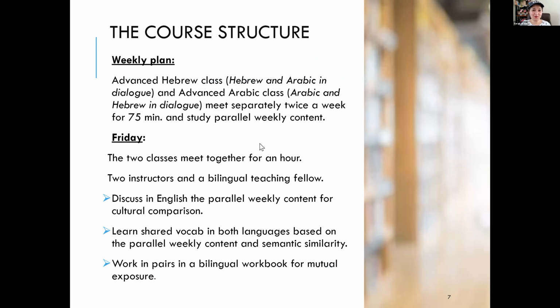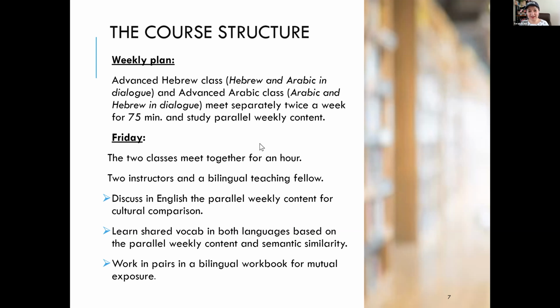This is what the weekly plan of the two classes looks like. Basically, as Dina said, we are having two parallel advanced classes running side by side. Each of those two classes meets twice a week for 75 minutes. Those meetings, and the content and the discussions that go on, are completely in the target language, as those are two advanced courses.